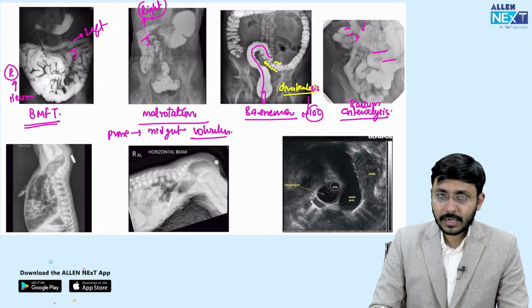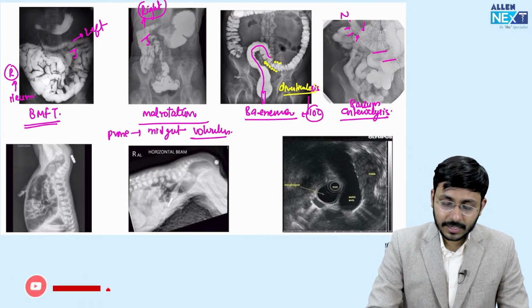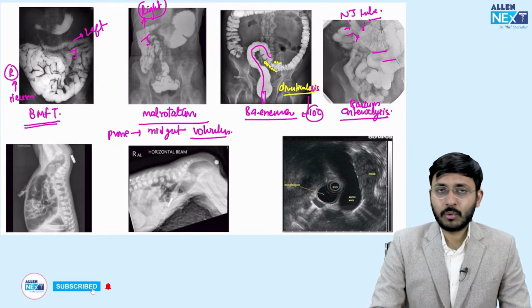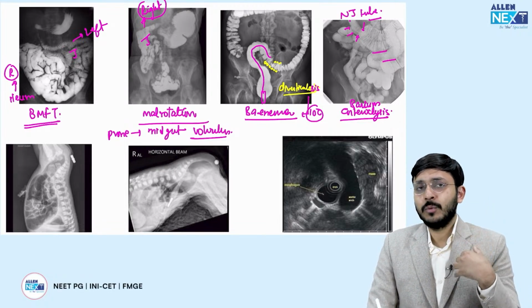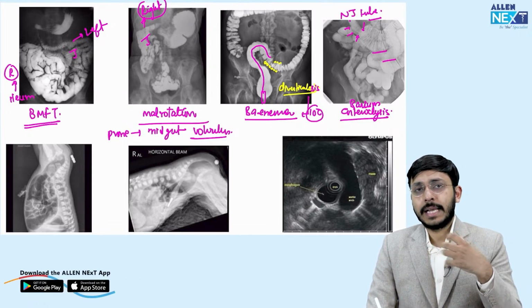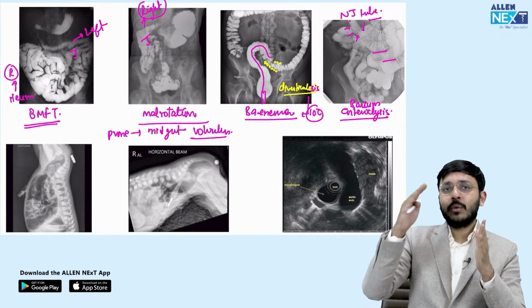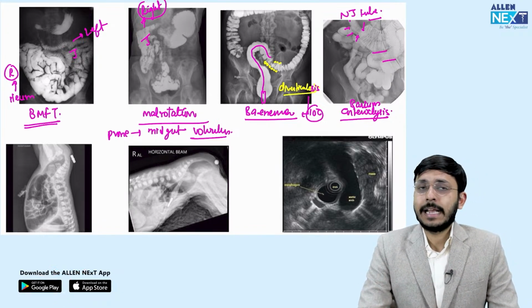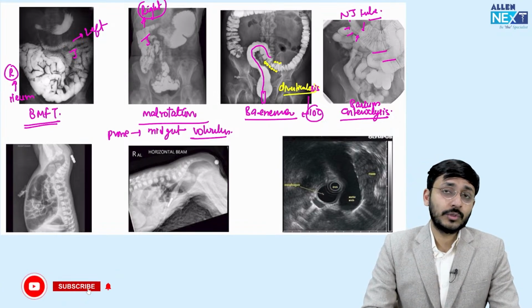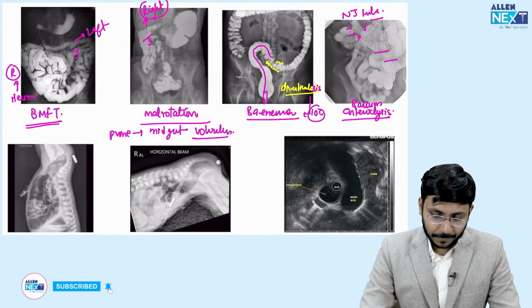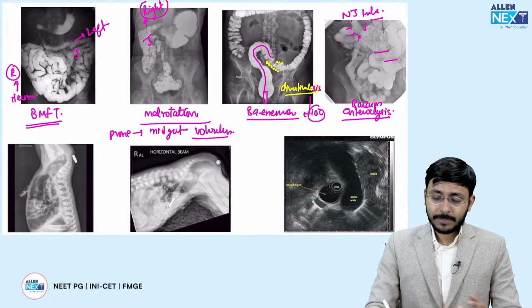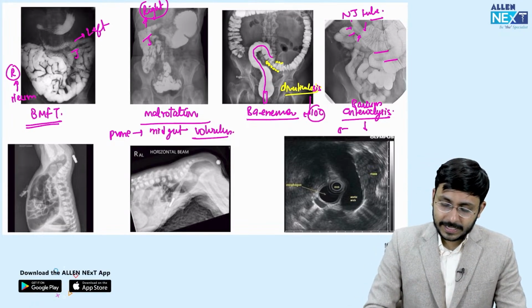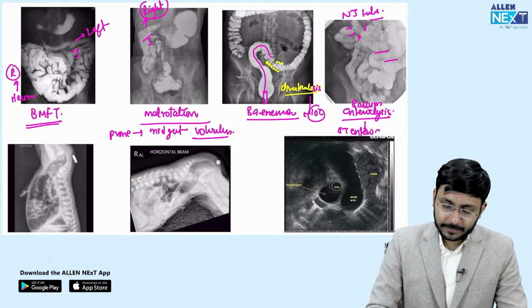We put in a nasojejunal tube, and after giving barium through that tube, we push in some air so that the barium sticks to the walls of the small intestine, and we very well see the mucosal pathologies of the small bowel. So this was done in earlier times, but nowadays this has been replaced by CT enterography.